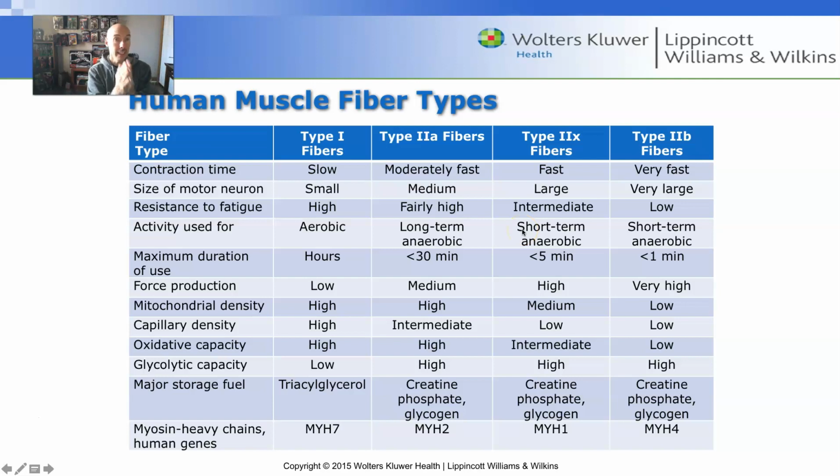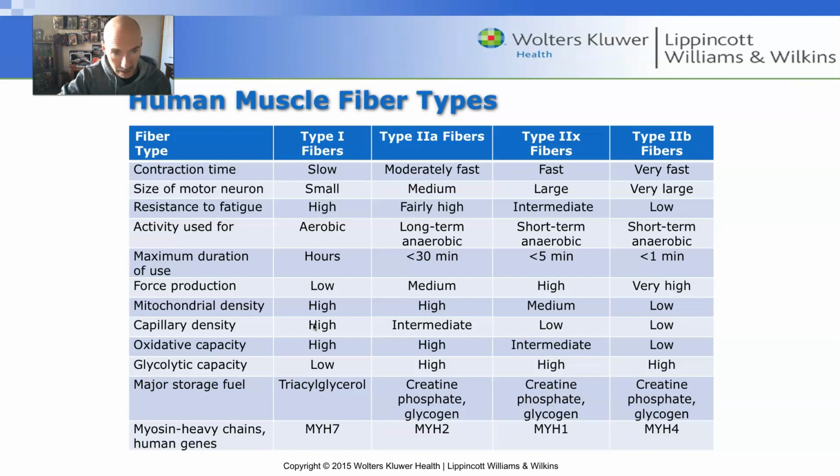So the energy system that the fiber type relies on primarily is a really key component, and it determines the characteristics of the muscle fiber. Because type 1 relies on aerobic metabolism, it's going to have a very high concentration of mitochondria. It's going to have a lot of blood vessels surrounding it to facilitate getting oxygen into the fiber.